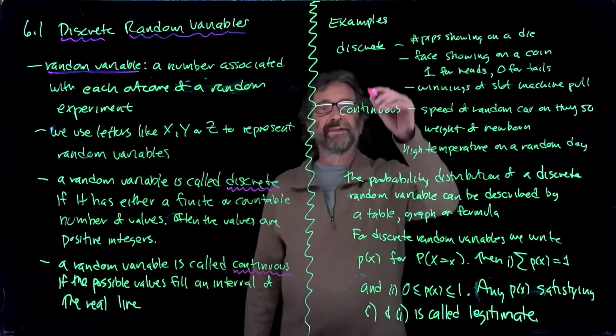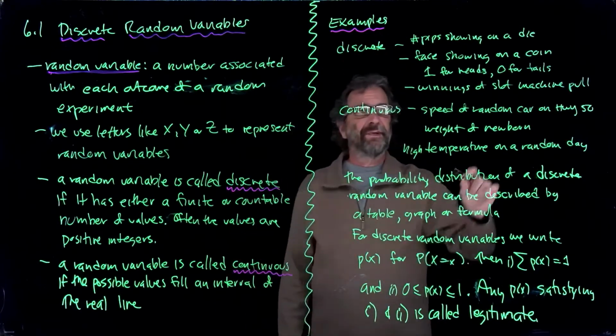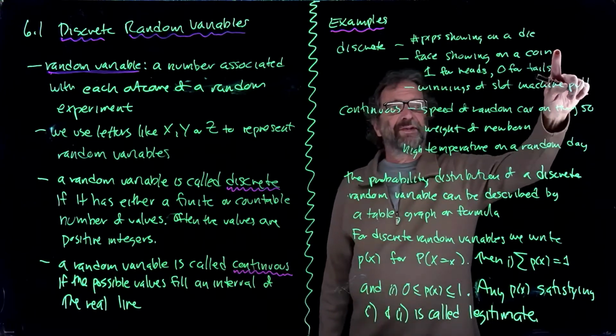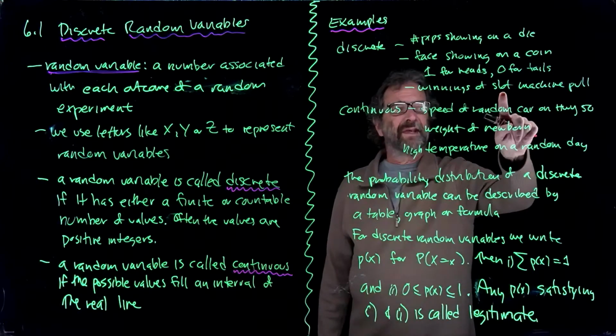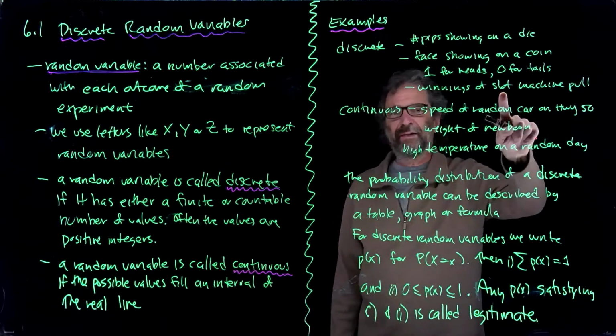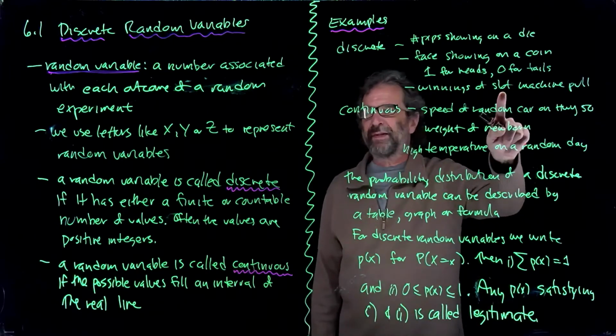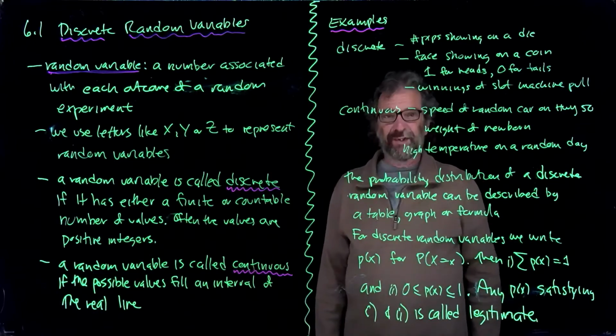Here are some examples of discrete and continuous, though, before we move on. Discrete: the pips showing on a die, the face showing on a coin if we label it 1 for heads, 0 for tails, winnings of a slot machine pull. Mostly 0. Sometimes you get your money back. Depending on the machine, you might be able to get 5 or 10 times your money back. But there's only a certain number of outcomes that can happen.